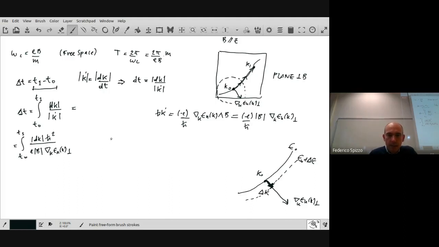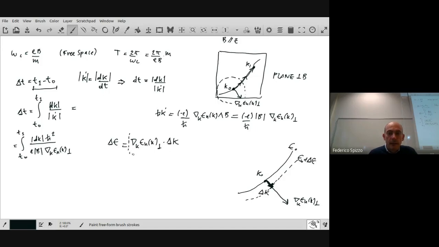So what we have is that the energy variation between the initial constant energy surface and the new constant energy surface can be written as the gradient of the energy perpendicular times delta k.